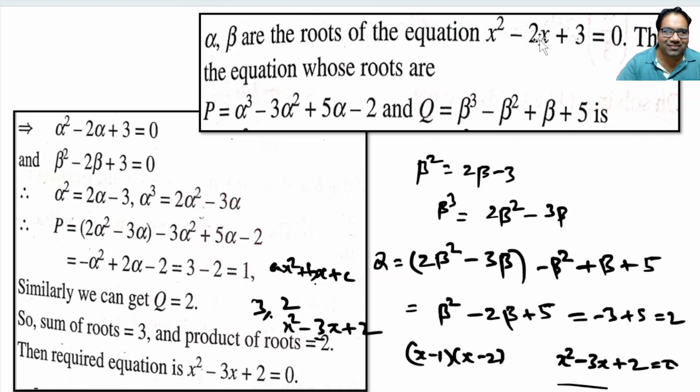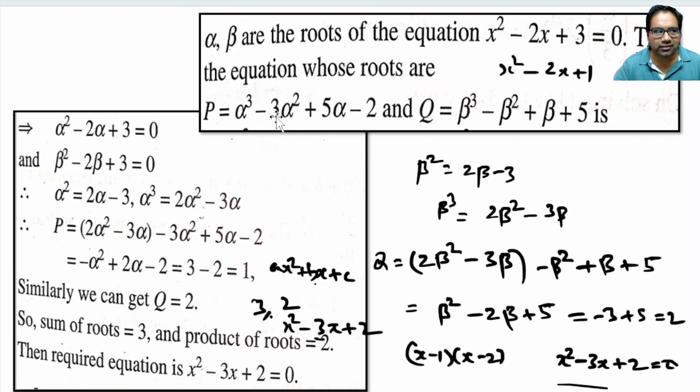If it was a simpler equation, for example x square minus 2x plus 1, then we could have solved for alpha and beta easily, substituted, and created this equation. Now, because these are giving complex roots, we have to find a different method.